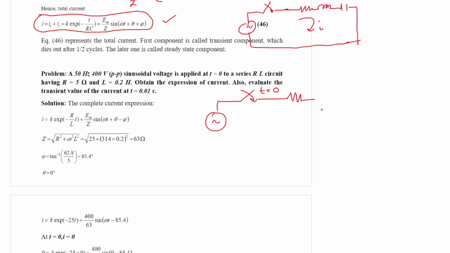We have R equal to 5 ohm and L equal to 0.2 Henry. Obtain the expression of current. So you need to obtain the expression of current from the moment you press the switch.